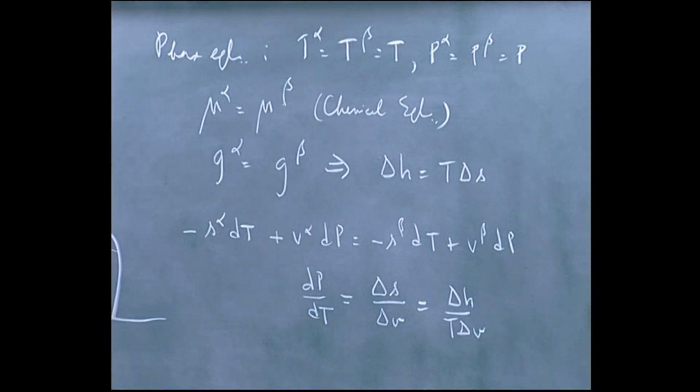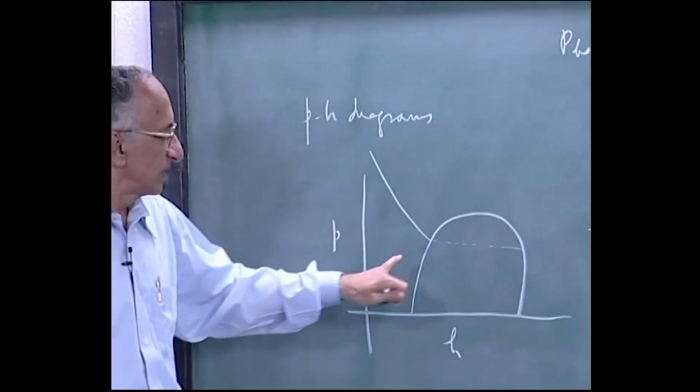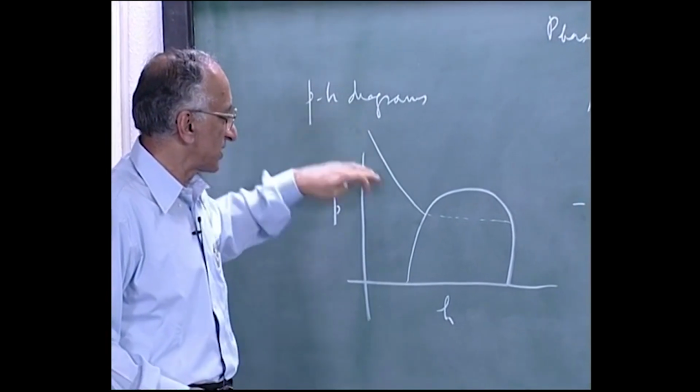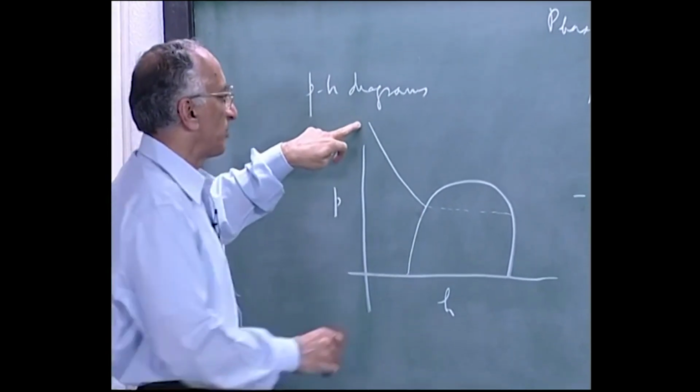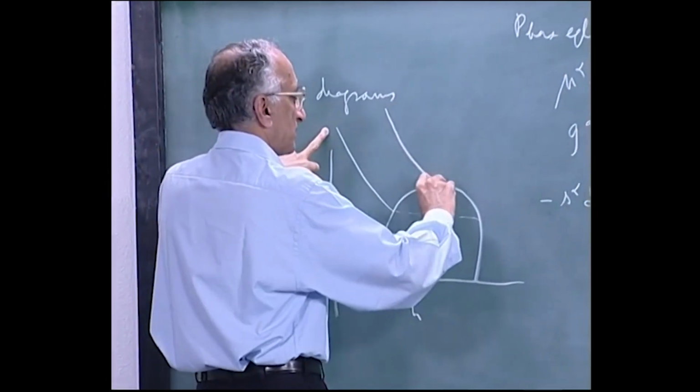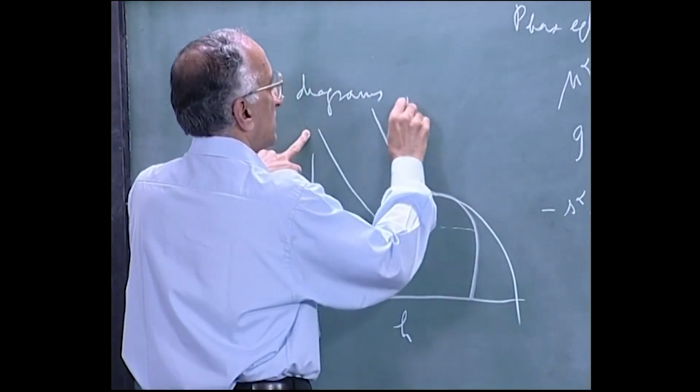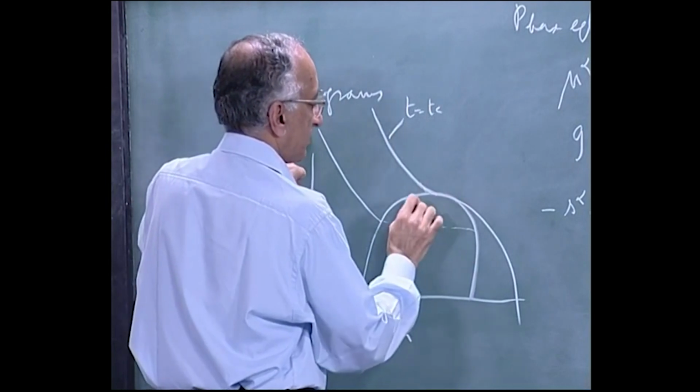But the idea is that the pressure becomes related to the temperature by this equation. If you take a substance and lower the pressure at some temperature below the critical temperature, this is T is equal to Tc.